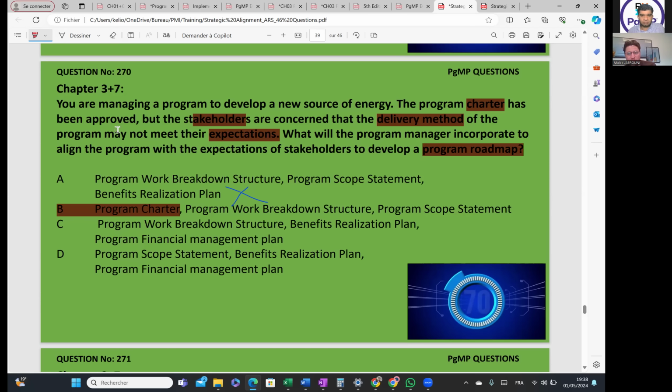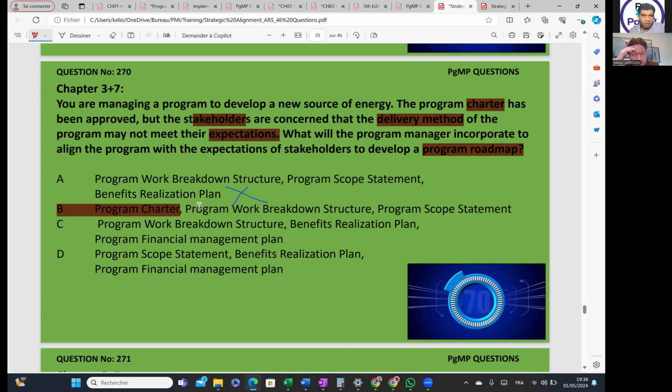Develop a program roadmap? So I eliminated both C and D because they are talking about management plans, not the financial management plan. Right? And I was hesitating between the two, and I put B, which is not the good answer. You have to develop a program roadmap, right?